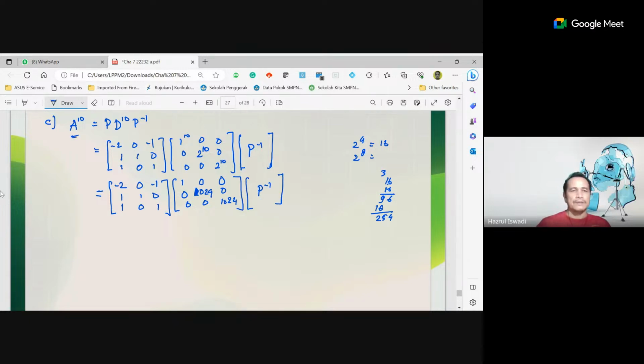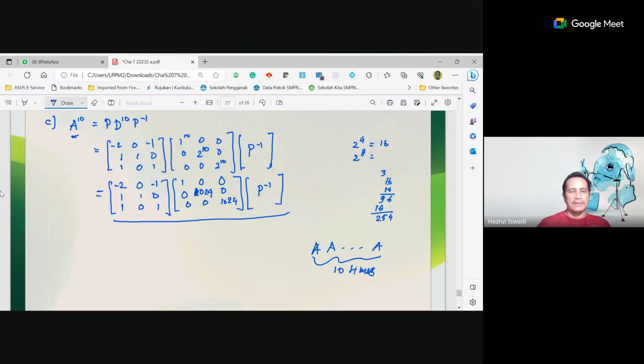So this is A to the power of 10. Finding P inverse is still shorter than multiplying A ten times.